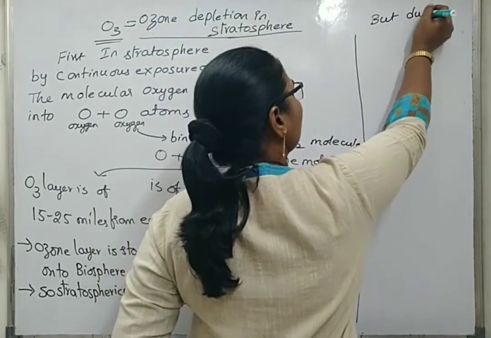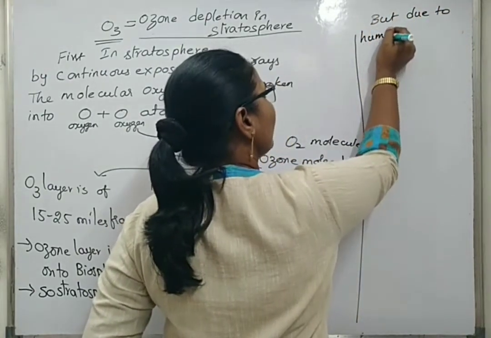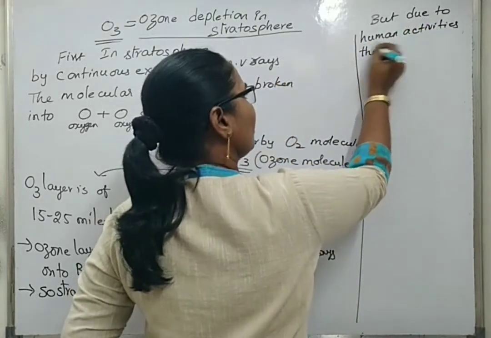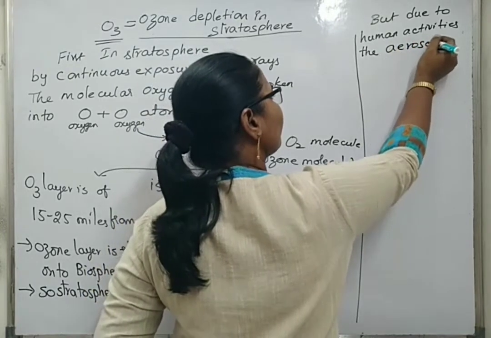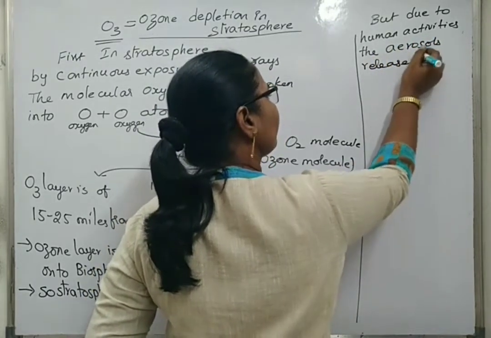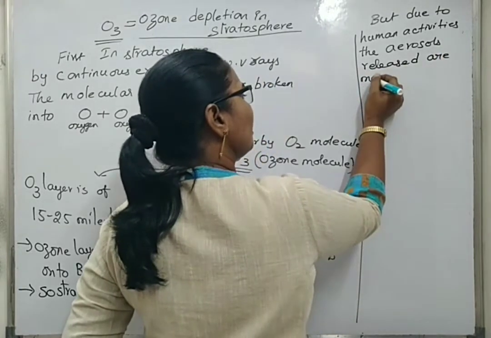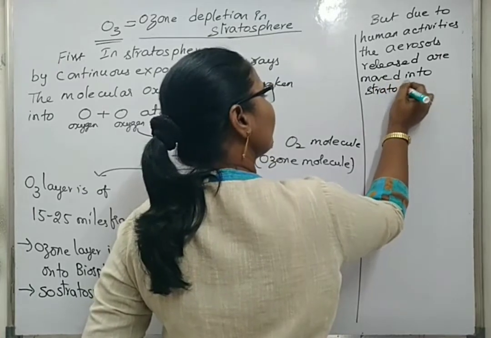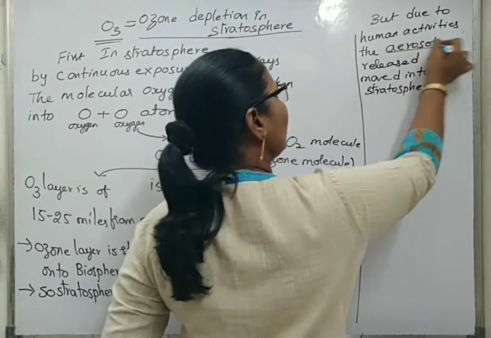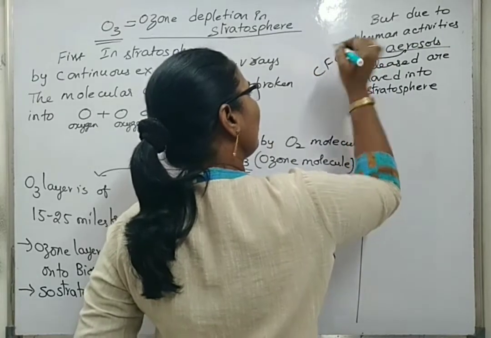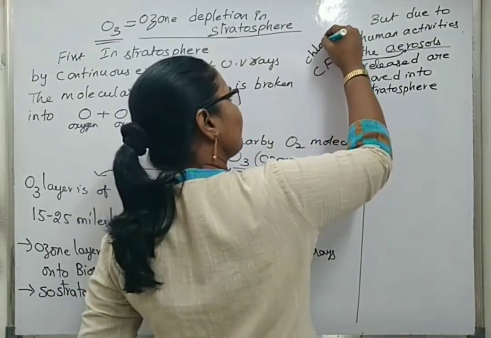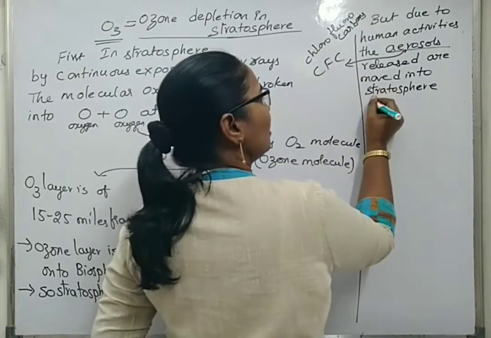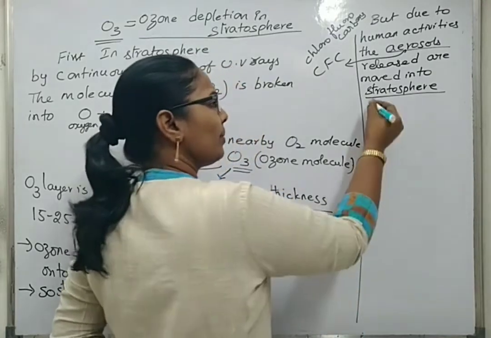Due to human activities, the aerosols released are moved into the stratosphere. What are these aerosols? We can say these are chlorofluorocarbons. So in the stratosphere, what is happening?